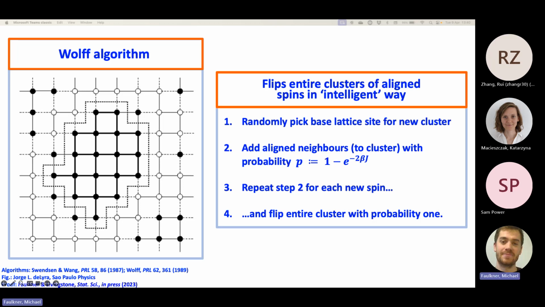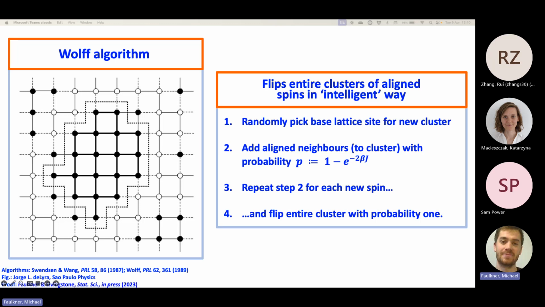So Swendsen and Wang and then Wolff decided to circumvent these problems. This is now going to be an example of how these problems of slow mixing under Metropolis dynamics led to innovations in sampling algorithms, so led to the development of new sampling algorithms. First of all, Swendsen and Wang, and then it was followed by Wolff, developed what we call cluster algorithms.